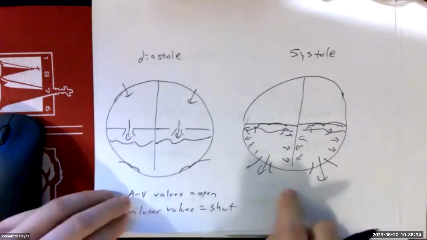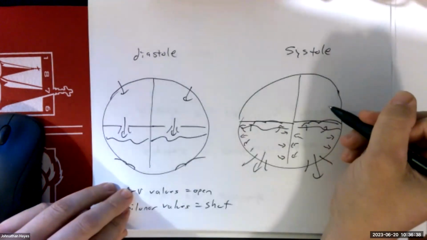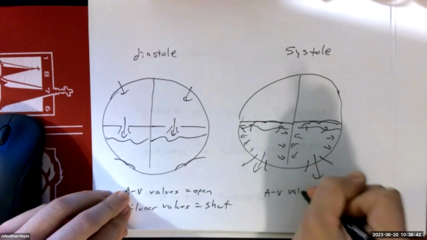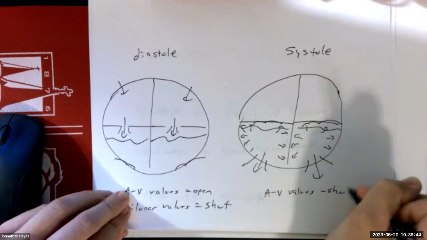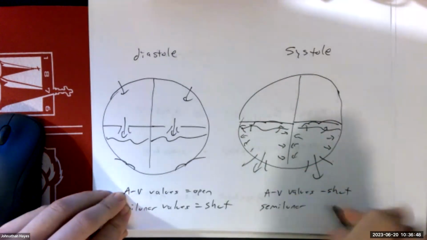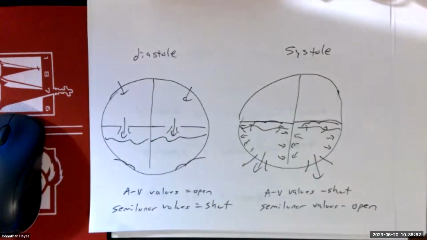So during systole, what valves need to be open, what valves need to be shut? Well, we don't want blood backing up, right? So AV valves need to be shut. And then the semilunar valves, of course, are going to be forced open. And during the shutting of that AV valve, that's what creates that first heart sound, right?